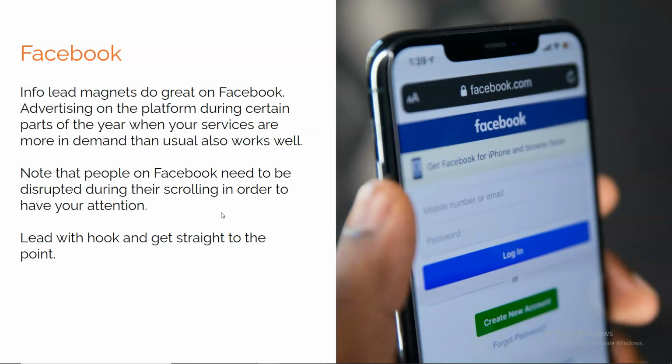I suppose you all know that. So you have to really disrupt them. You can lead with a hook, something catchy in the first sentence, or with an image or a video, and then get straight to the point. That is how Facebook ads work. Good Facebook ads should work this way.